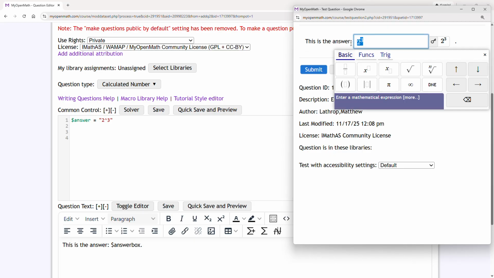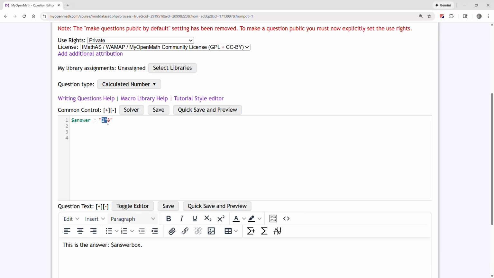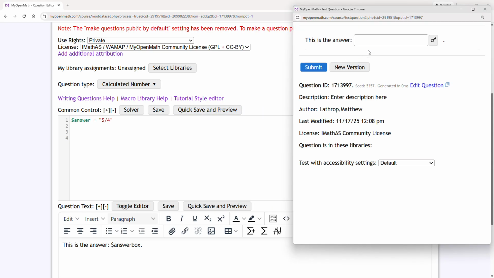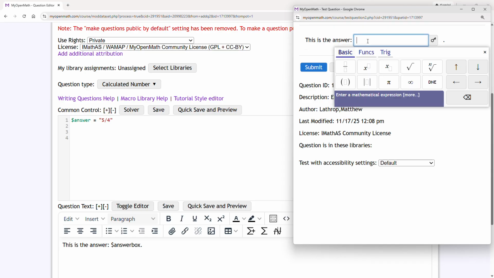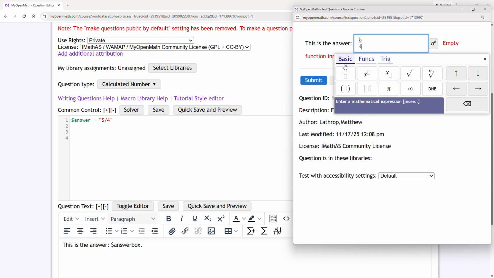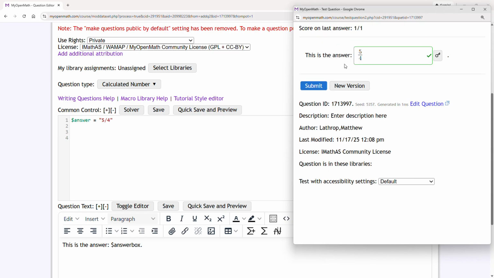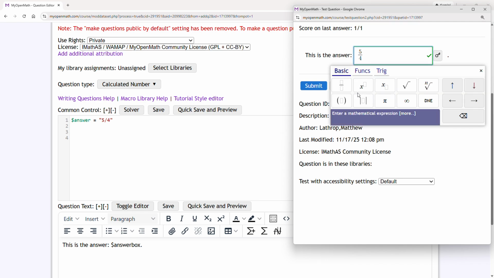Also allows us to accept fractions as answers. So for instance, if our answer should be a fraction like 5/4, using the number numeric options, we couldn't enter a fraction, but now we have that possibility. So it expands what we can enter, and I just like having this mathematics toolbar here.